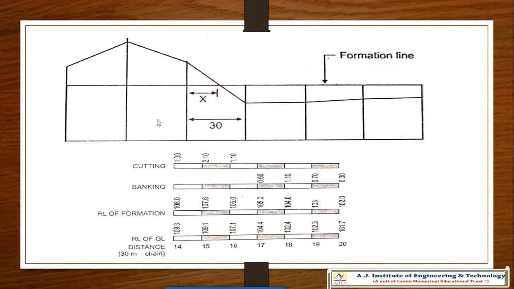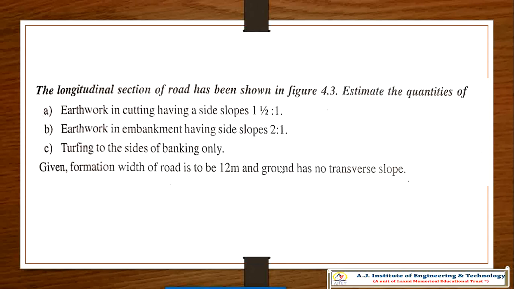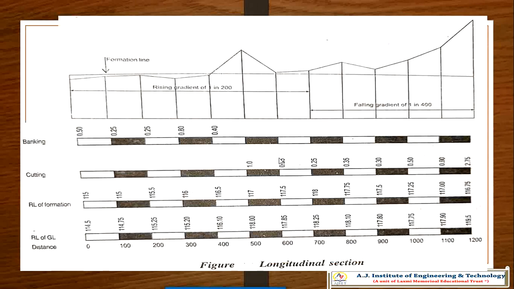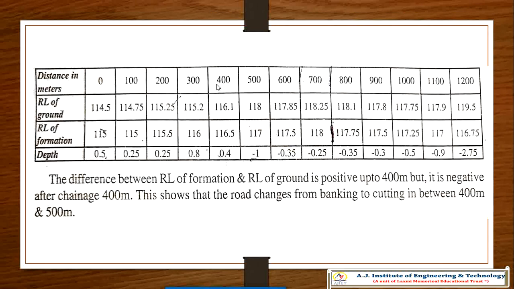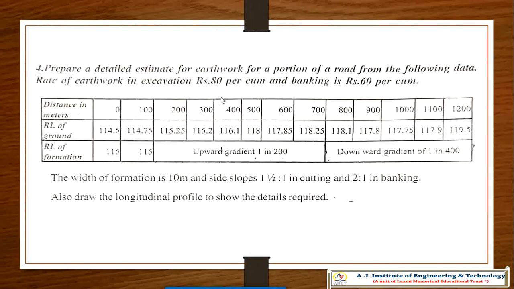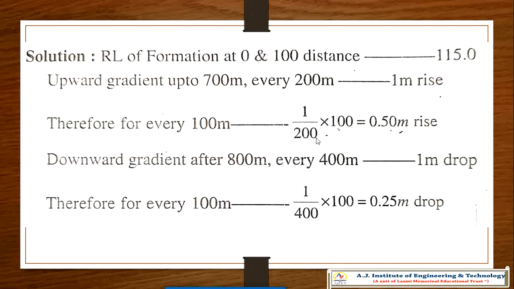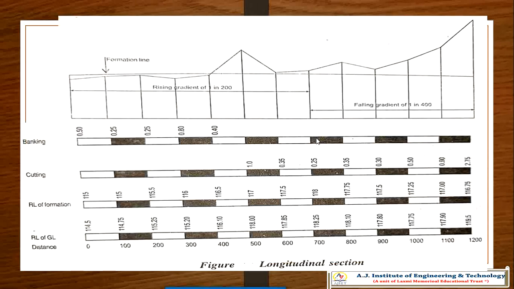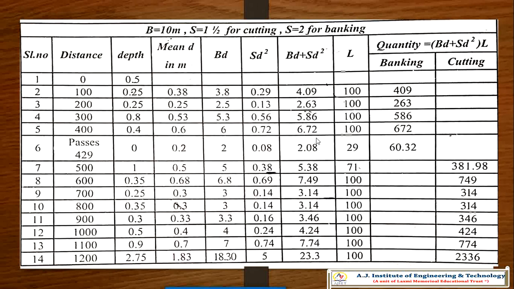That also we discussed. And now this is one type of ground, and again we discussed one more type of ground. This is also one type of ground, and we discussed the mean depth method, that is the mid sectional area method.